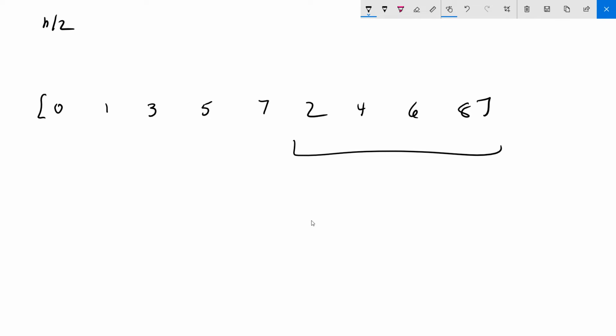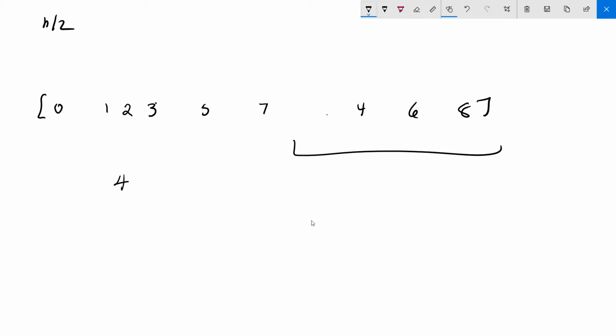How many comparisons are going to be required here for the 2? So it'll compare it to the 7, and then the 5, and then the 3, and then the 1, and then the 2 will end up right there. So how many comparisons was that? 4. Okay, so it did 4 comparisons.